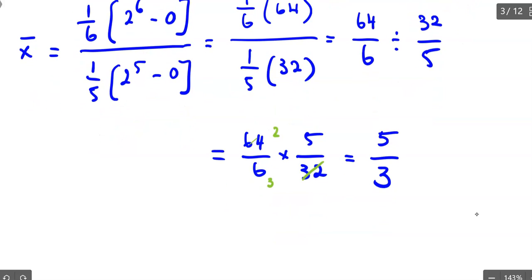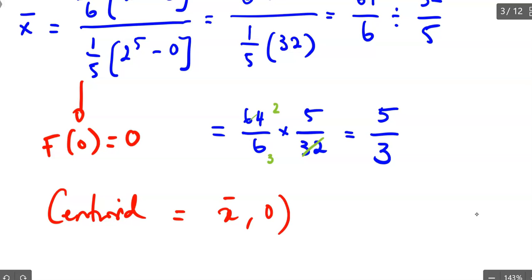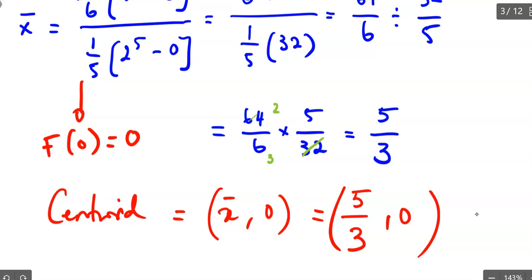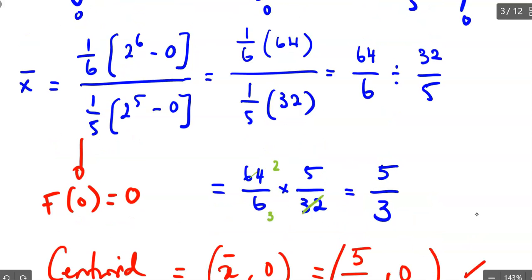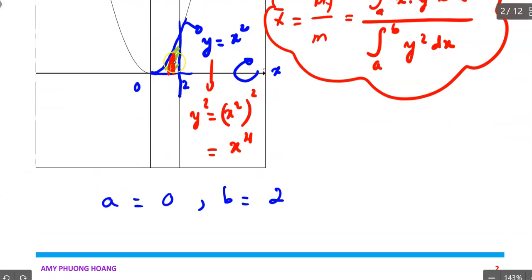And I just want to remind everyone here that y bar is equal to 0. So we don't have to worry about that. So now the centroid is equal to x bar and 0. So that means I will have 5 over 3 and 0 as the centroid for this particular solid generated by this particular area, and the axis of rotation is the x-axis.